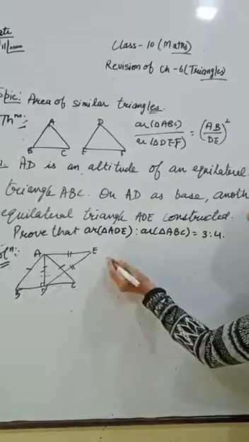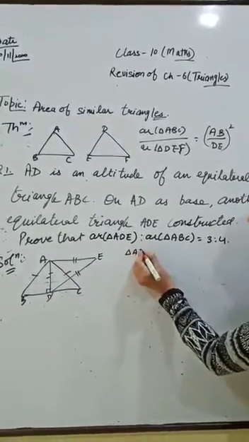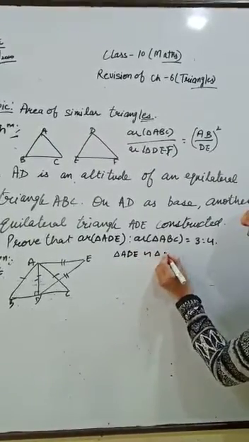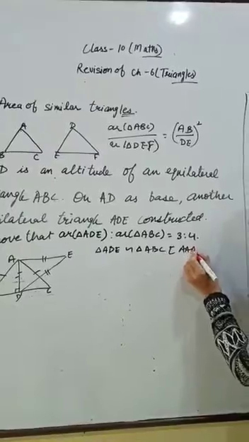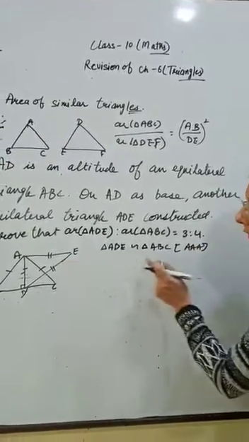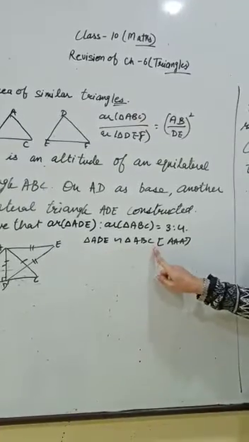As you know, all equilateral triangles are similar. So we can say triangle ADE is similar to triangle ABC by the angle criteria. All angles in equilateral triangles are 60 degrees each, so both triangles are similar to each other.